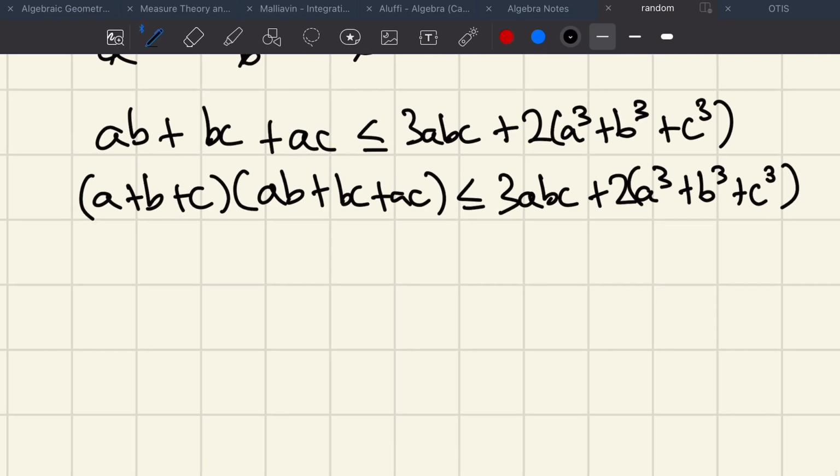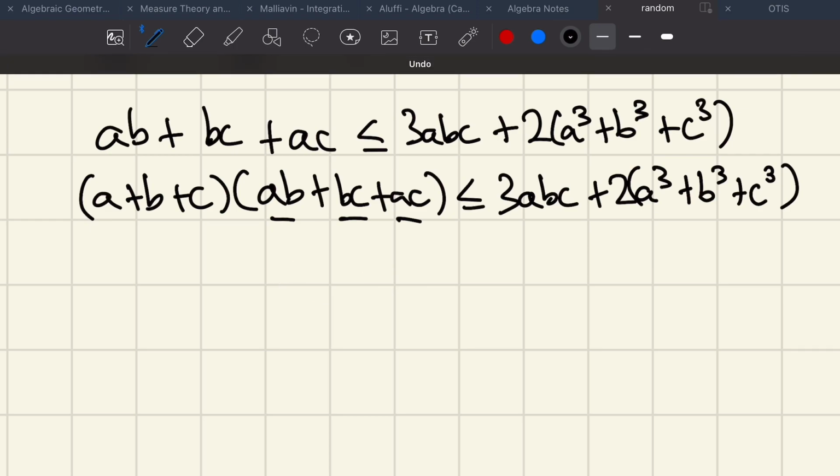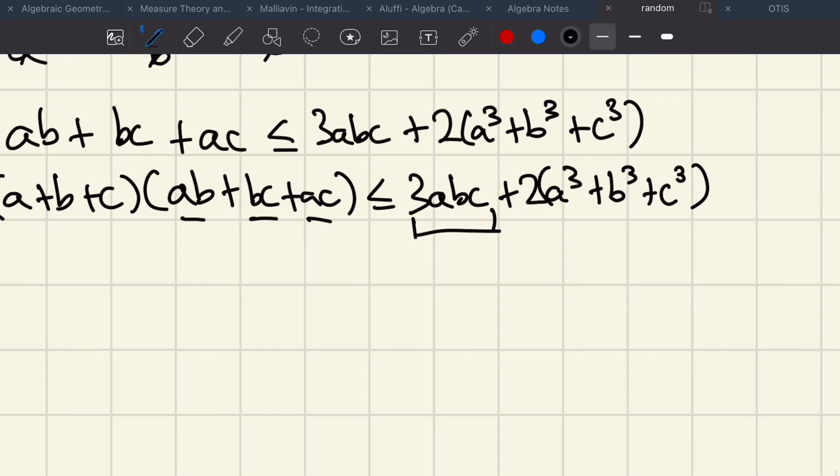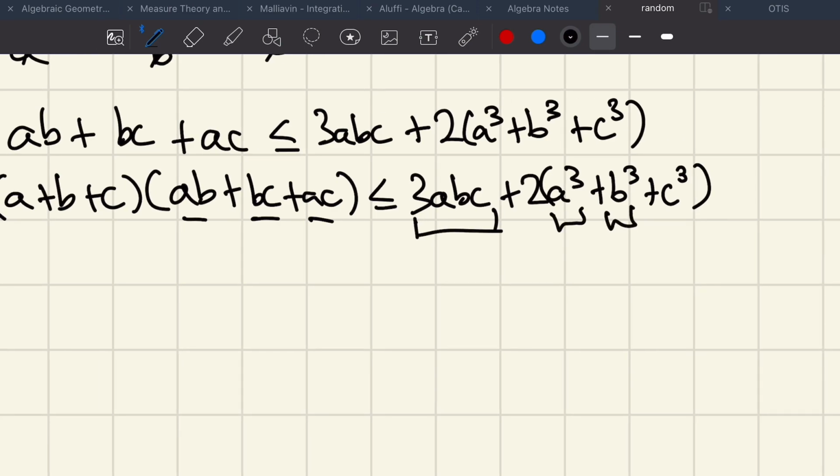The reason for this is, notice that these are all degree 2 polynomials, as in they are degree 1 polynomials, A and B and C, 2 of these multiplied together. So we can think of these as degree 2. However, on this side, we have degree 3 polynomials, as in they have 3 A or B or C terms.